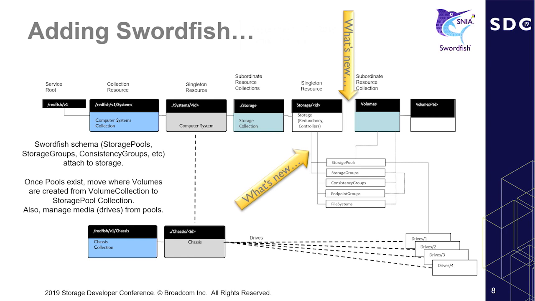So I already described earlier how you basically take the volumes, you move from, going from the Redfish model posting to a volume collection, to when you add storage pools, now you switch, you post to the storage pools, you work from there. So this is where we made the bulk of those changes. We dropped out that link between the storage and volume.